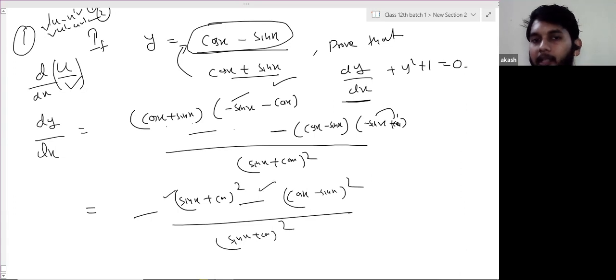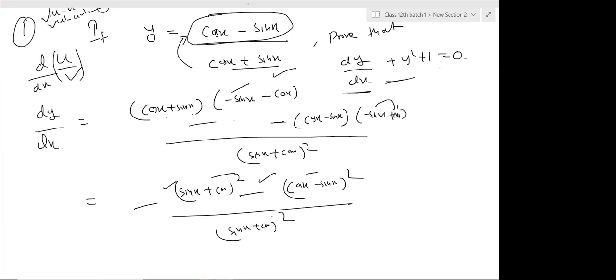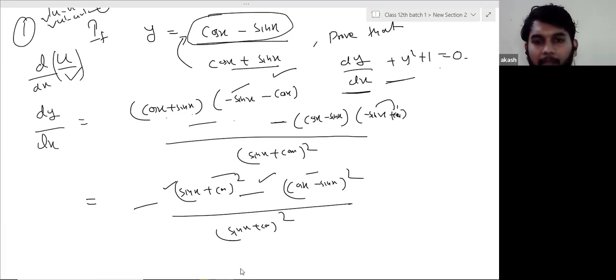You can take again negative sign out, simplify this. You'll get a very simple answer. Put that in this equation. Put the value of y square plus 1 equals to 0. You'll automatically get the answer. All right, Krishna? Yes, sir.